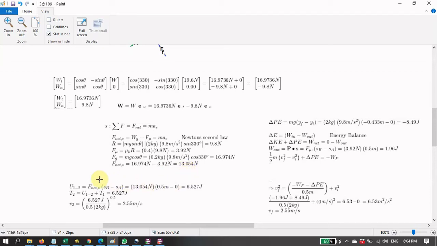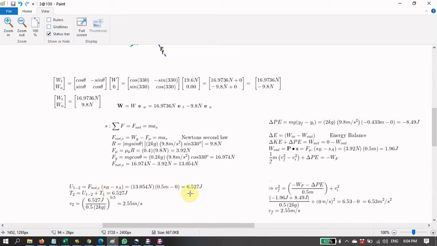Using the work energy method, we can find that the total work done by the particle is given by the net force times the distance traveled from A to B.